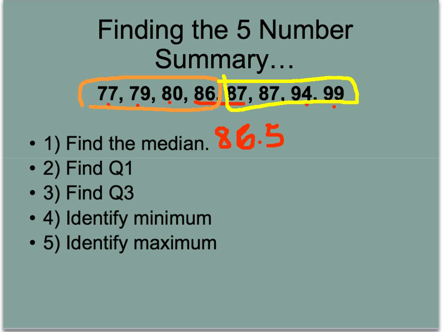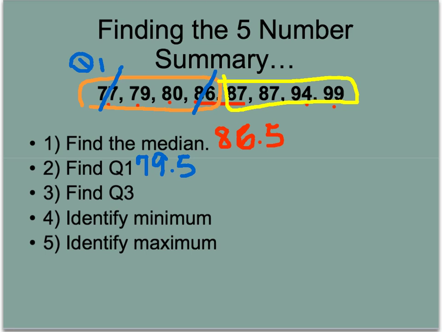Okay, so if I'm looking at quartile 1, that's the orange box, I need to find the median of that group. And so I'd mark off 1 from each side until I get to the center data. And I notice that it's 2 again this time, so I need to add 79 and 80 and divide by 2, take the average, and I get 79.5 for quartile 1.